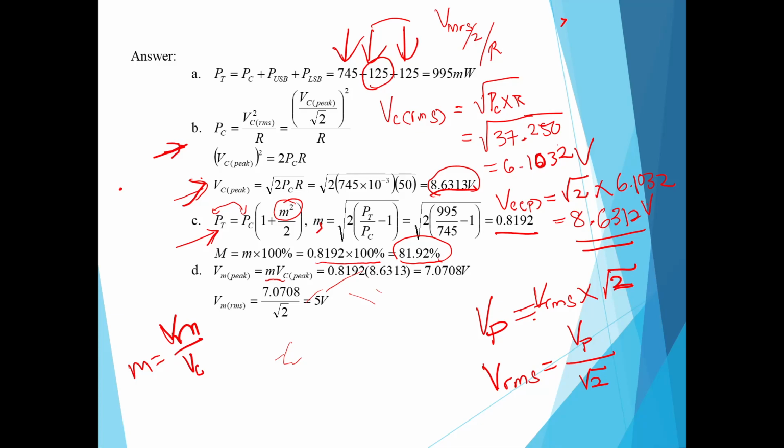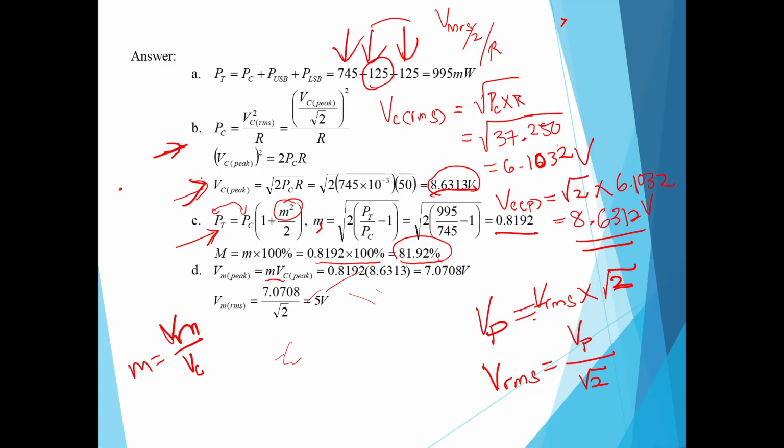Okay. So this one is MVC. So ini dalam RMS ke apa ni? So MVC. So if you write 0.8192 multiplied with M in terms of peak value, the peak value we get here is 8.6313 untuk carrier, 8.6313.